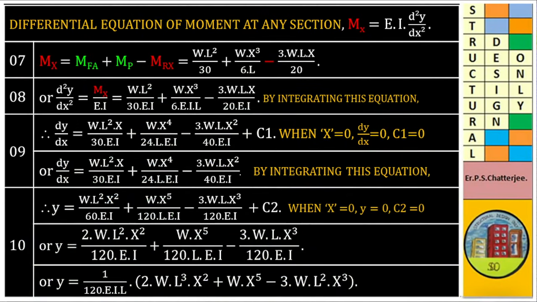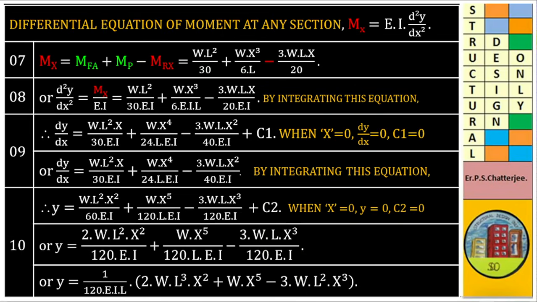Differential equation of moment at any section: Mx is equal to EI into d2y by dx2. Mx is equal to MFA plus MP minus MRx, which is equal to W L square by 30 plus W x cube by 6L minus 3WL into x by 20.